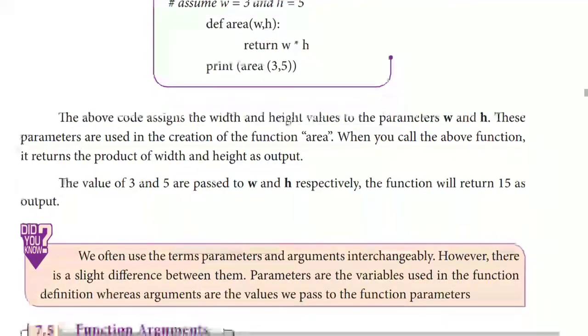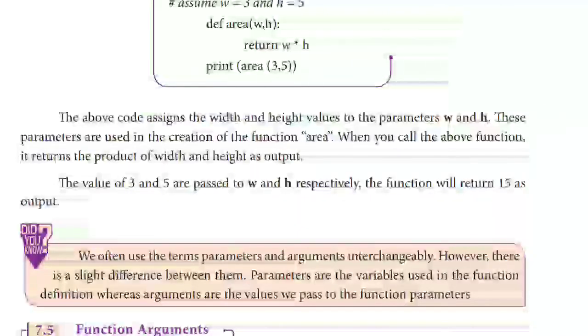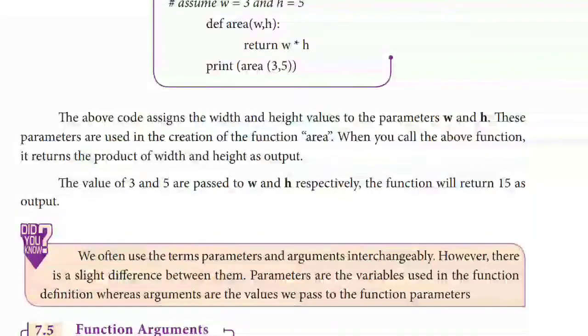The values 3 and 5 are passed to w and h respectively. Based on the order, the first value 3 is for w, and the next value 5 is for h. So the output 15 is printed.